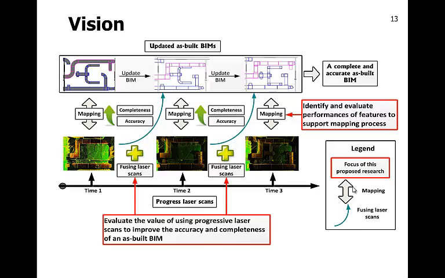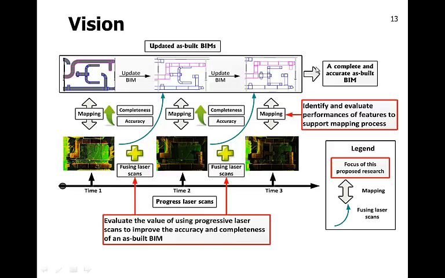As shown in the vision diagram, the job site is progressively scanned during the renovation or construction process. When a point cloud is captured, it will be mapped to and compared with the as-designed BIM. After the discrepancies between the two data sources are identified, the as-designed BIM will be updated to remove such discrepancies.